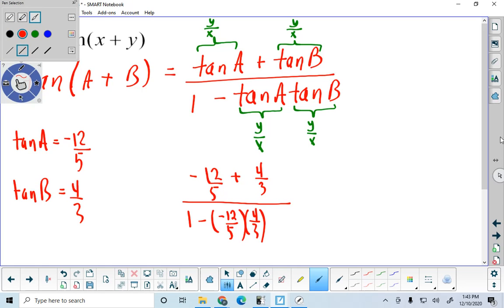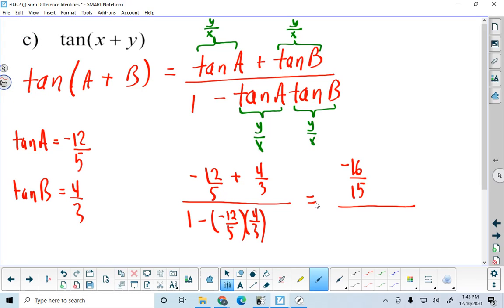I know in the time I explain this, you probably already have an answer, but I want to double check that negative 36 and 20 is negative 16/15. That's correct. On the bottom, you should get 63/15, I think, but I better check that.